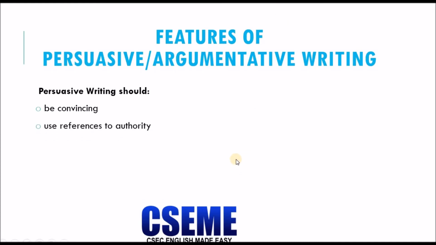And in order to do so, we use our persuasive techniques. The persuasive technique that, of course, we cannot go without is the use of authority. When we say the use of authority, we are talking about using someone from the particular field that you're looking at to legitimize your argument.